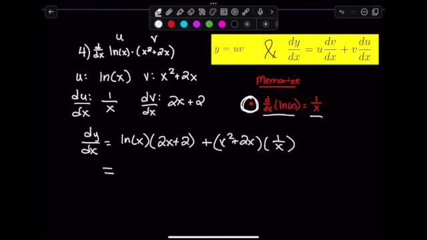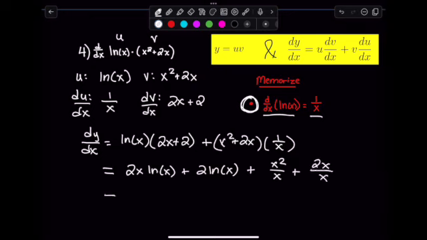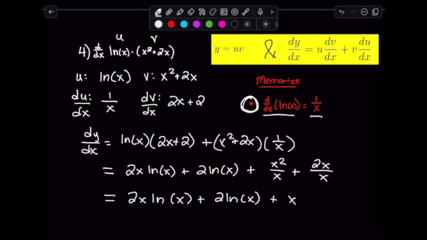And then we can simplify that further to 2x ln x plus 2 ln x plus x squared over x plus 2x over x. And then simplifying that further, 2x ln x plus 2 ln x plus x plus 2, because we can cancel out an x here and here.